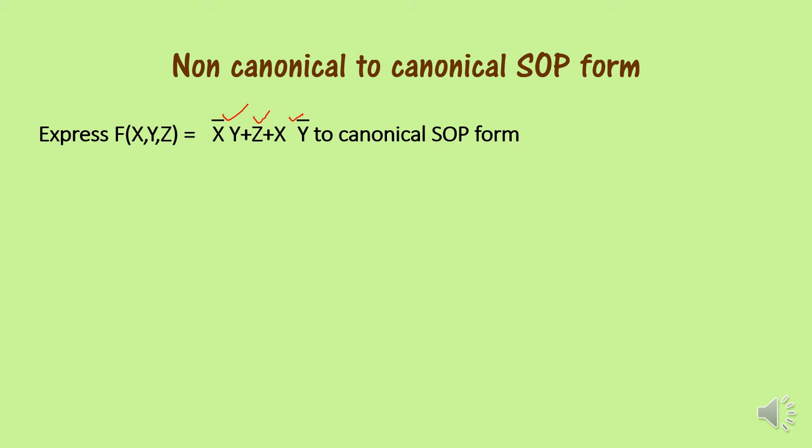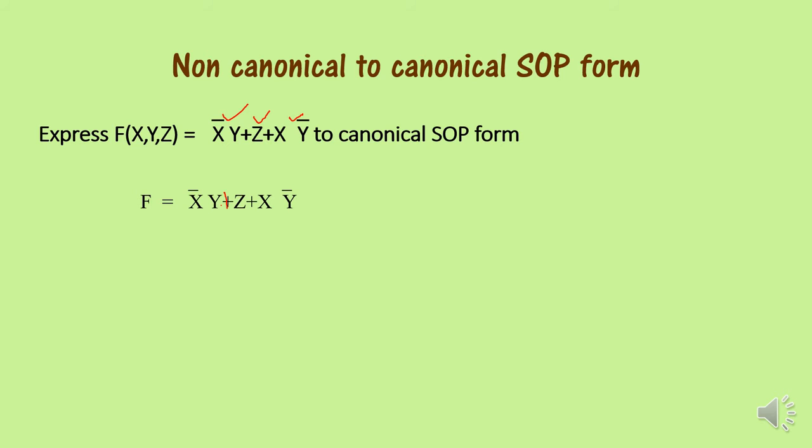We talk about it. First we write f equal to x bar y plus z plus x dot y bar. X bar dot y, if we multiply this with 1, what happens? Again we get x bar dot y. With this z term, if we multiply 1, we get the z term.